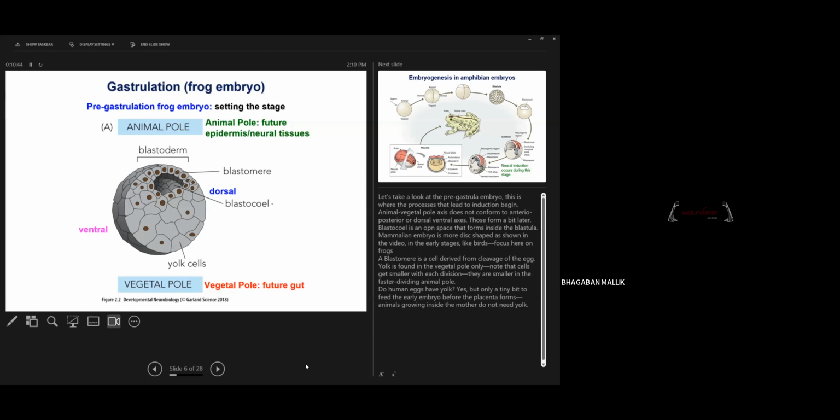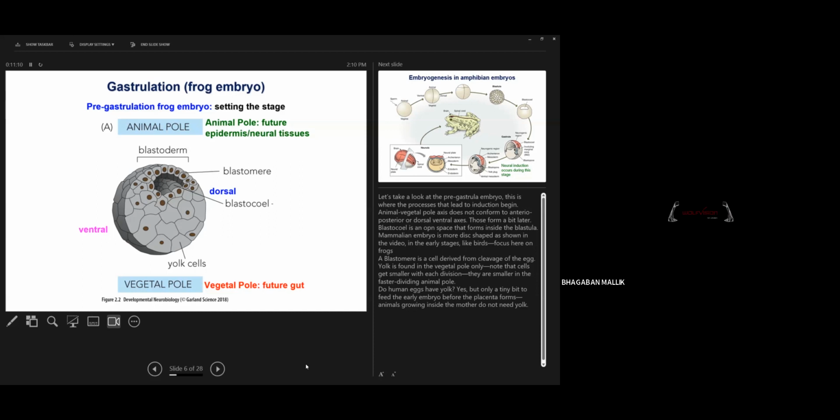As I mentioned earlier, you have the animal pool and the vegetal pool. You have a lot of accumulation of yolk, which provides nourishment to the developing embryo, and you don't have that much division happening in the vegetal pool. Most of the cells divide in the animal pool, and they migrate to the vegetal pool.